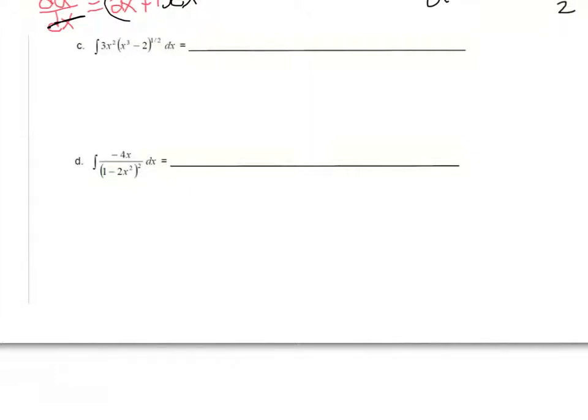So now for c, choosing my u function, the derivative of 3x squared will not get me x to the third minus 2. But if I take the derivative of x to the third minus 2, I get 3x squared. So now rewriting the integral, this function is my u.